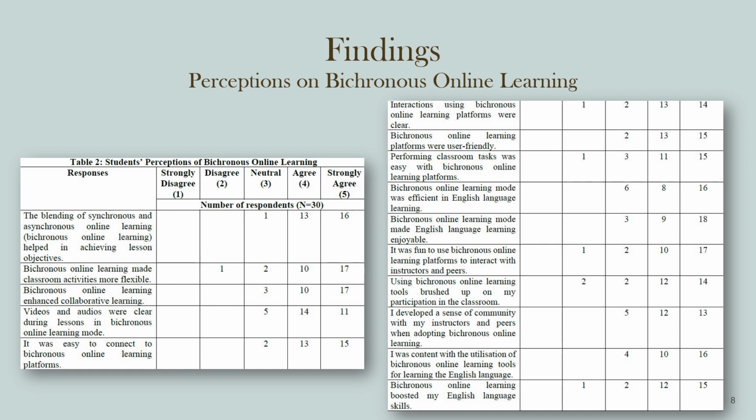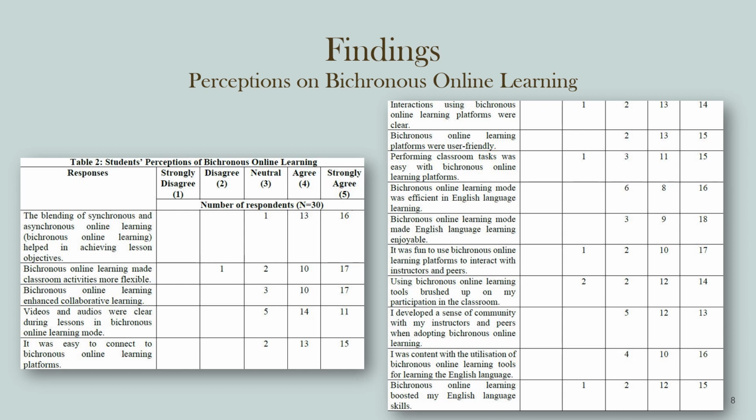They favored bichronous online learning as it was easy to connect to the blended mode platforms, signifying that those platforms were user-friendly, therefore contributing to limited interruptions among the classroom community.